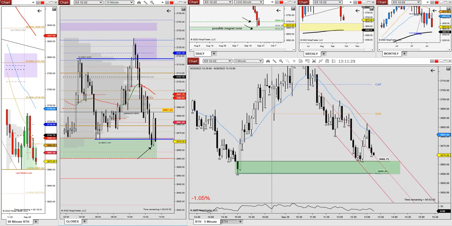So now we have 1, 2, 3, 4, 5, 6, 7 bars. I said just about 8 bars minimum we should come back and retest the buy zone if you're looking to buy. But not yet. We don't have a signal to buy yet. So this can still sell into the low of yesterday. Okay, so we're testing now, but that bar hasn't closed yet.